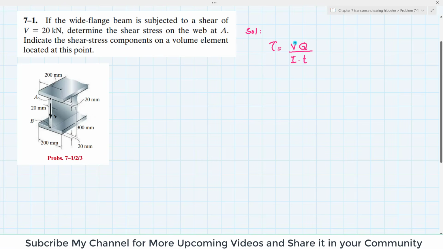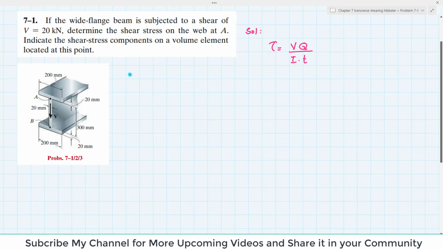So first step, we have V, we do not have Q, we do not have I, we have T as well, clear. So first of all we will find the second moment of inertia I for this whole cross section of the beam.